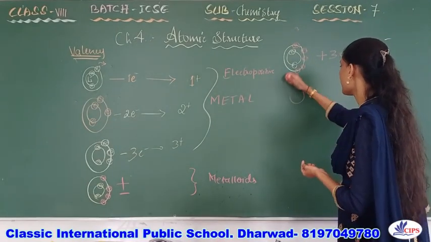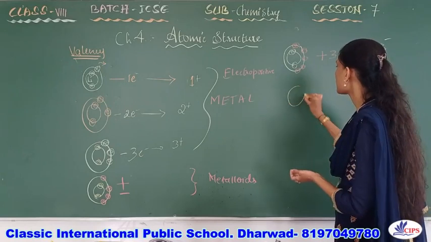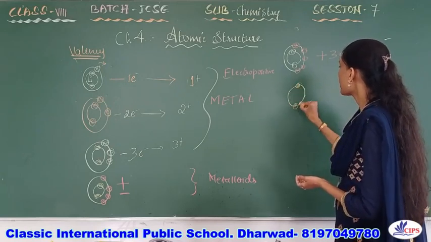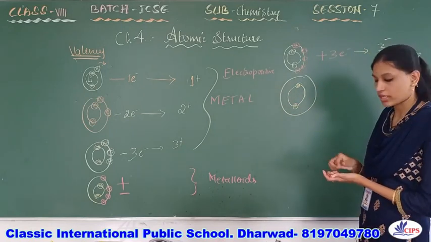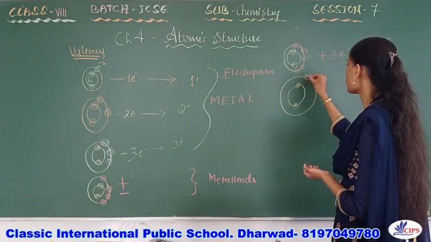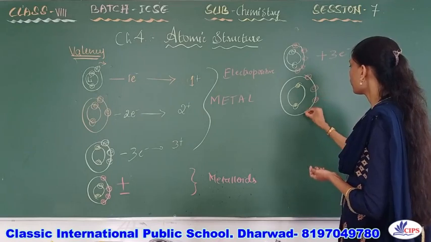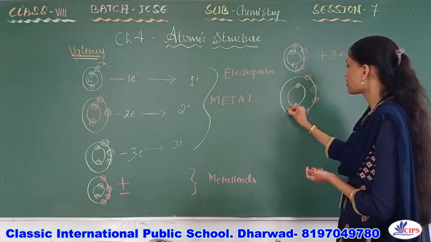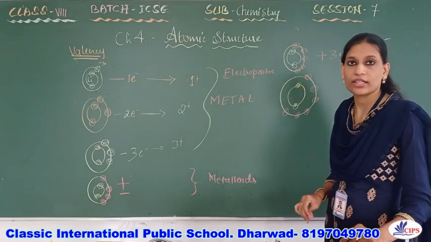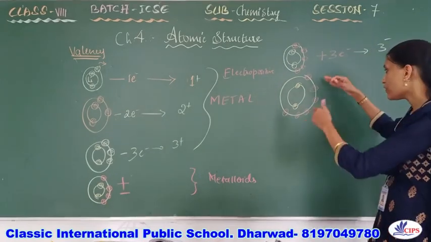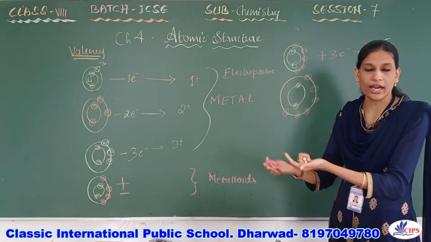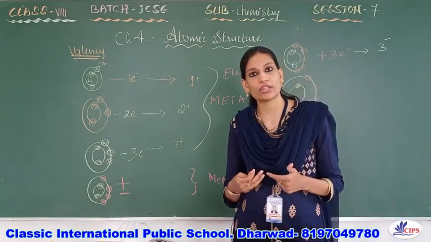Next we have another element. Say any element, and in the L shell 1, 2, 3, 4, 5 electrons, now we have 6 electrons, 1, 2, 3, 4, 5 and 6. How many less does it have? It has 2 less electrons. So what will this atom do? Will it give those 6 electrons to another atom, or gain 2 electrons?